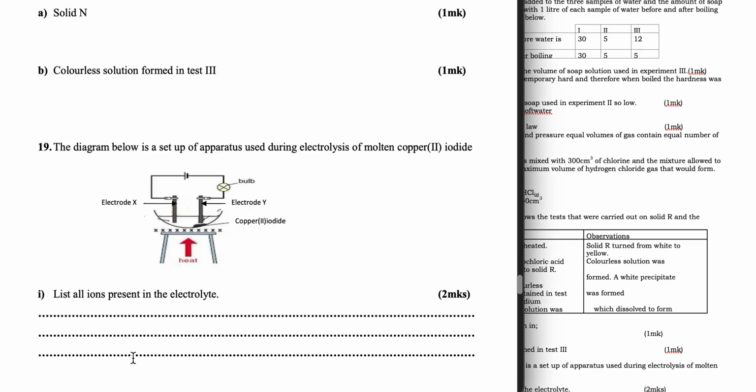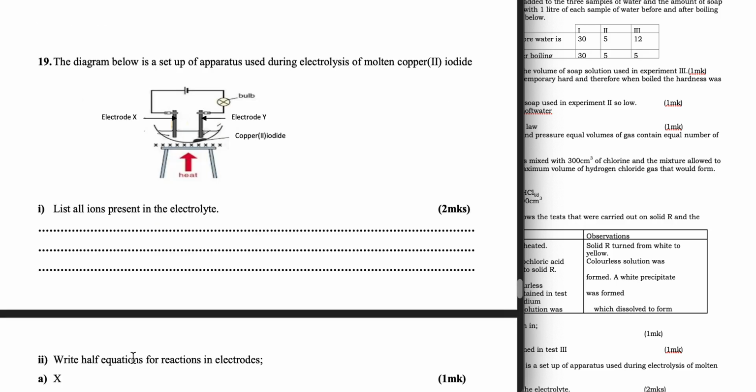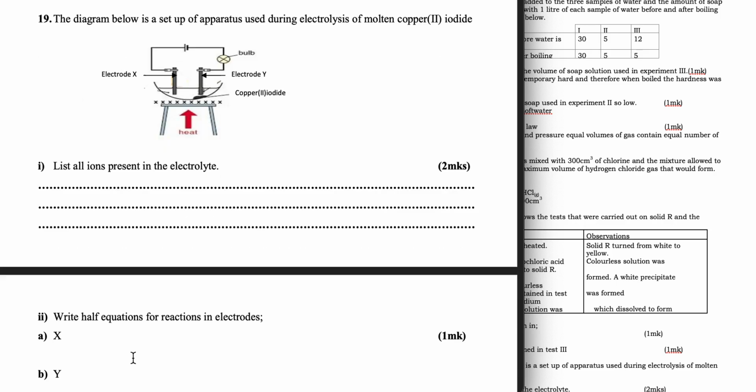Question 19. The diagram below is a setup of apparatus used during electrolysis of molten copper 2 iodide, with a chloride X bulb, copper 2 iodide, heat.